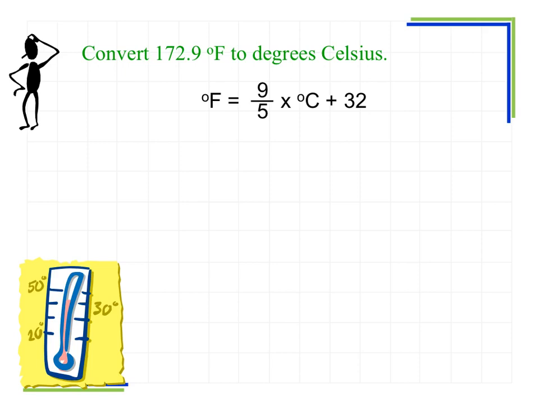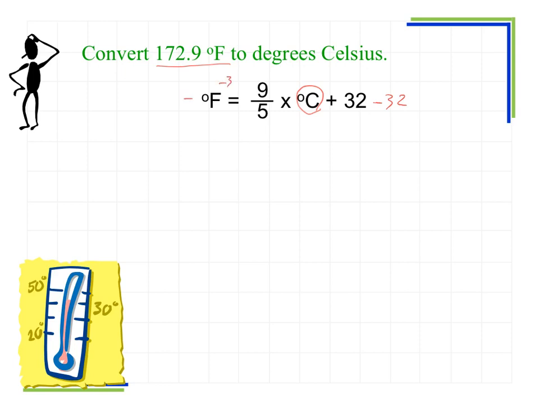So let's have an example to see how we can work with this formula. We want to convert 172.9 degrees Fahrenheit to degrees Celsius. We have to solve this for degrees Celsius first. The first thing we want to do is subtract 32.